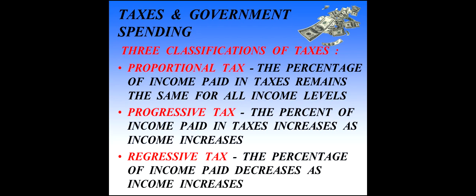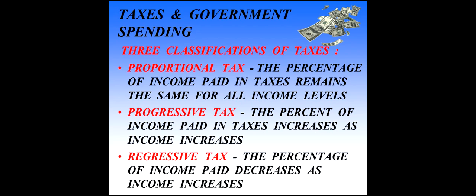And a classic example of a regressive tax is the Social Security tax, in which case there is an income limit that changes periodically. That's changed by the Congress of the United States, but at a certain income level, you actually stop paying into the Social Security fund.